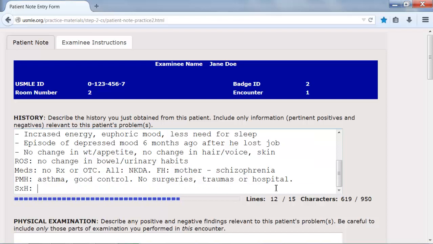Sexual history. Partners. So this, called with one medical word, is called sexual promiscuity.